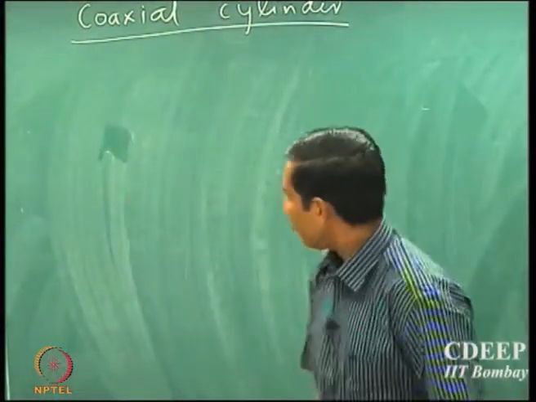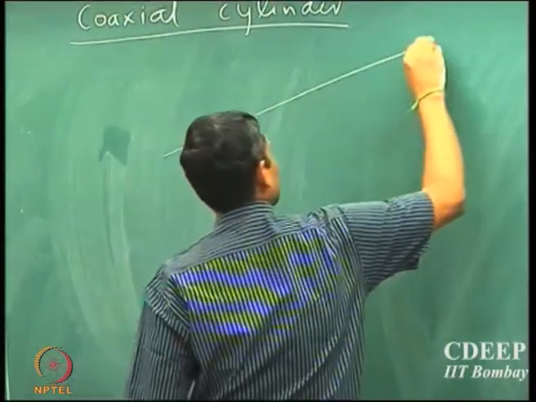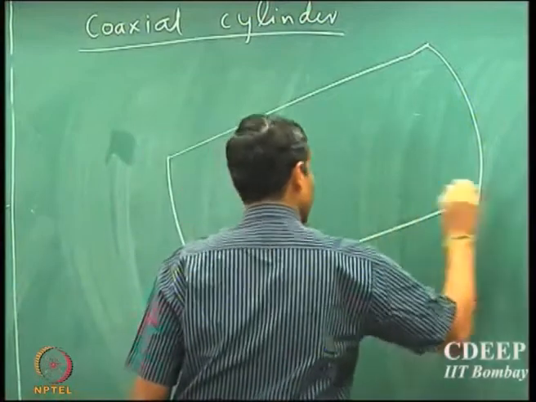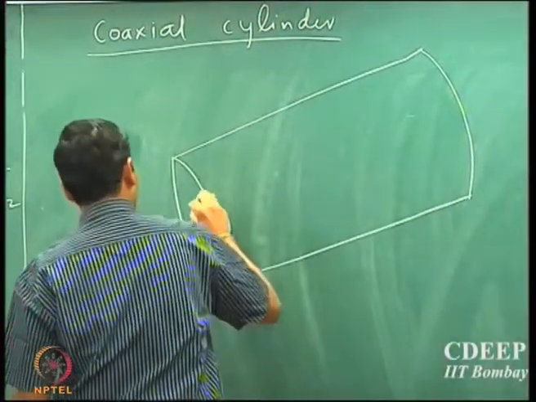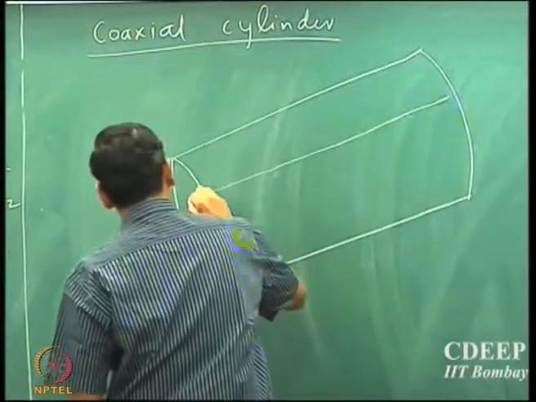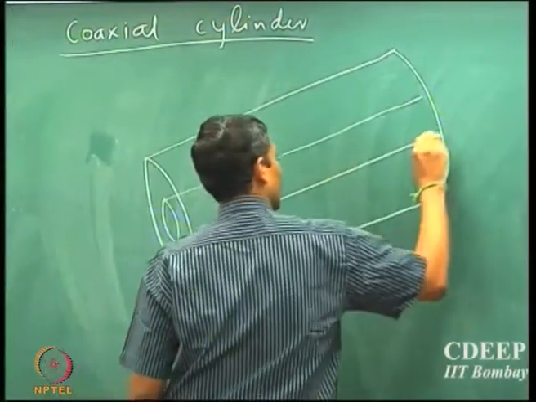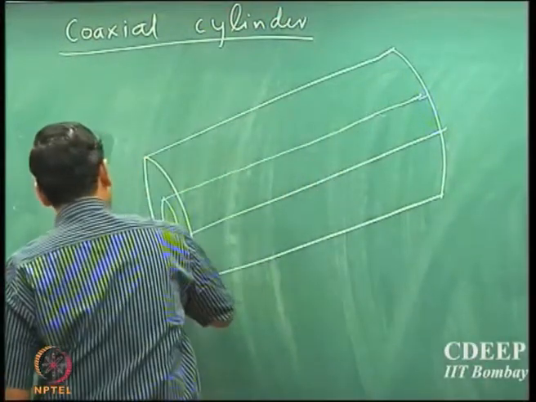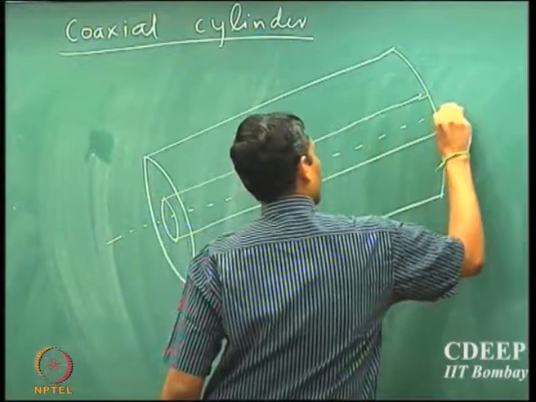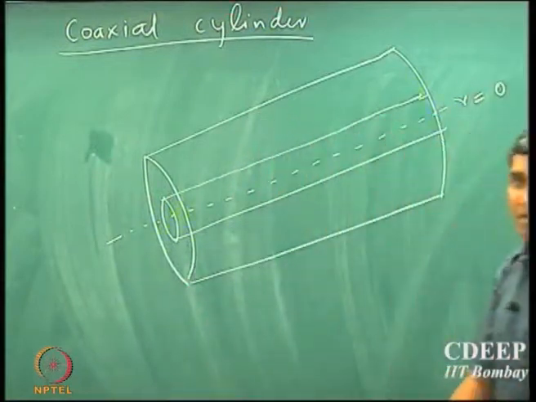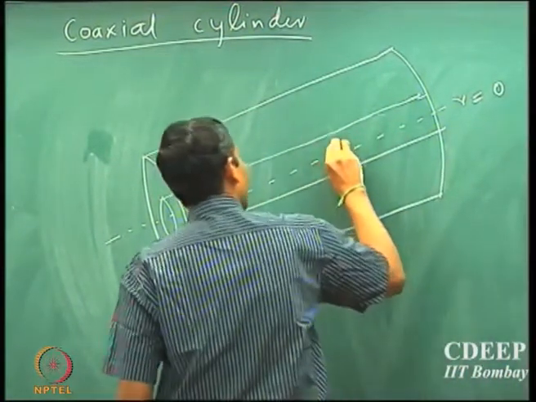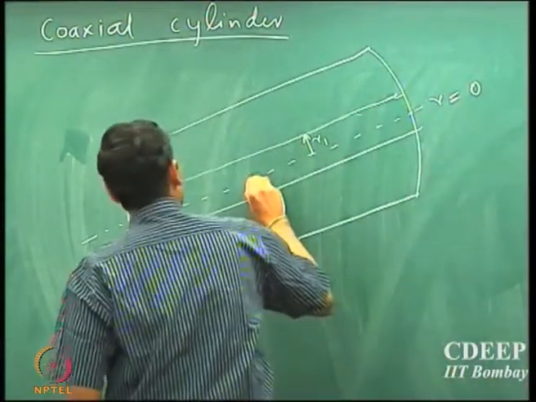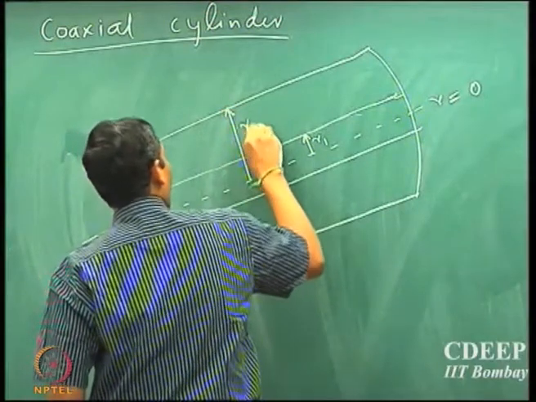So the problem we are going to take is the coaxial cylinder. Okay. So the center is here. This is r equal to 0. And the radius of the inner cylinder is r1, and the radius of the outer cylinder is r2.